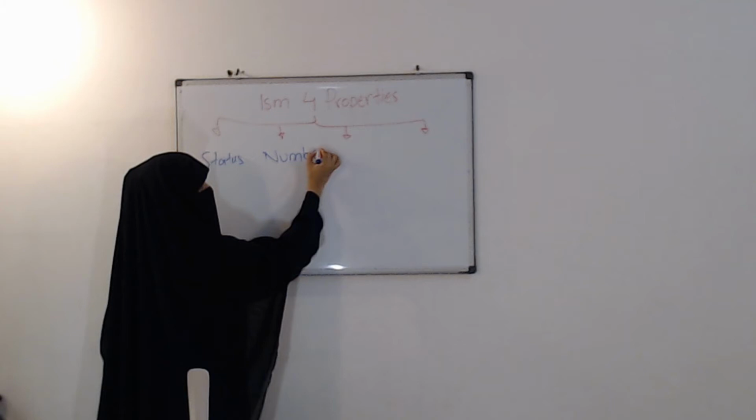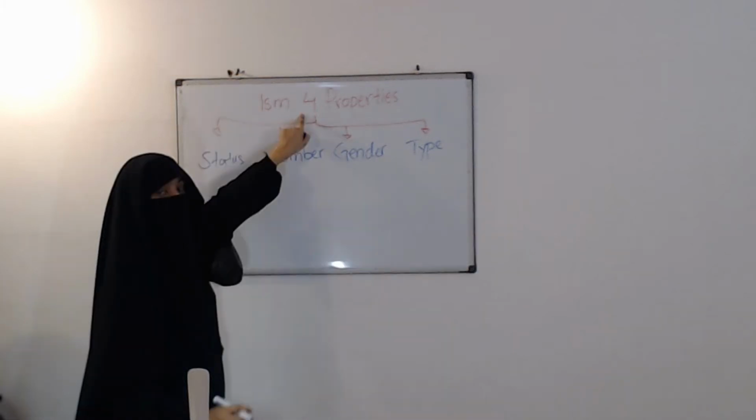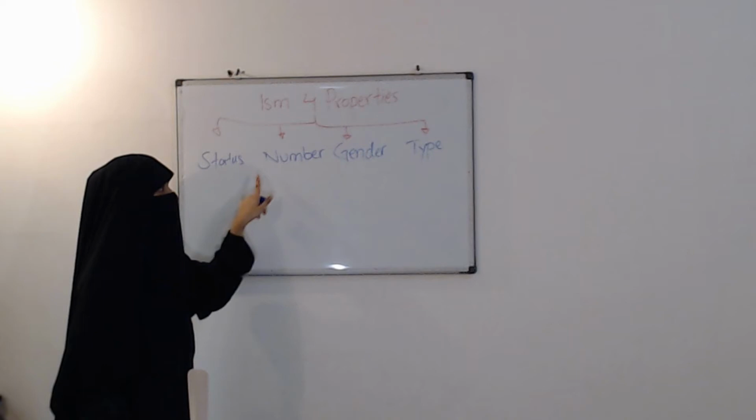And type. Status, number, gender, type. How many properties are there? Four. Which ones? Status, number, gender, type. Now forget about these others; we'll do them after this one. We're going to start with status, inshallah.